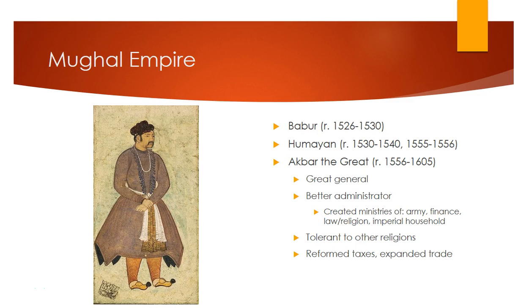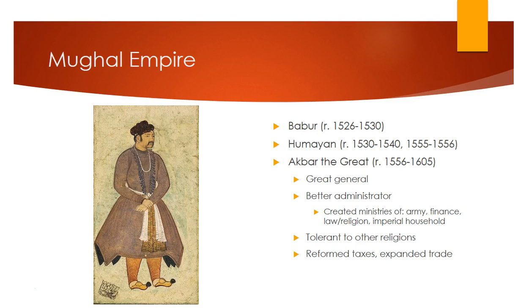What he did was he created different ministries throughout the Mughal Empire to help him govern. A ministry of the army, which gathered intelligence and offered advice for military positions. A ministry of finance, which obviously managed the empire's finances.